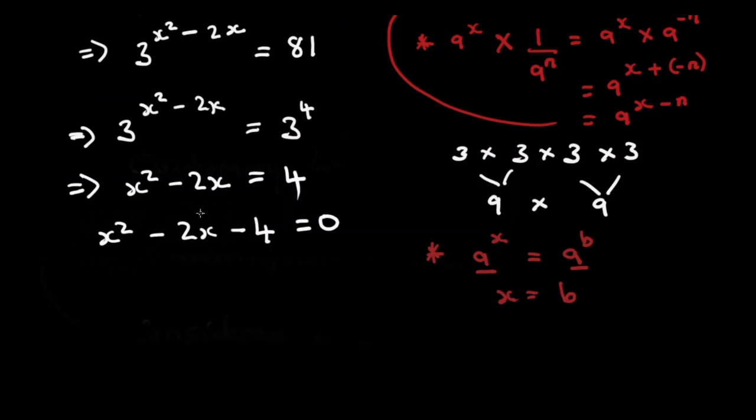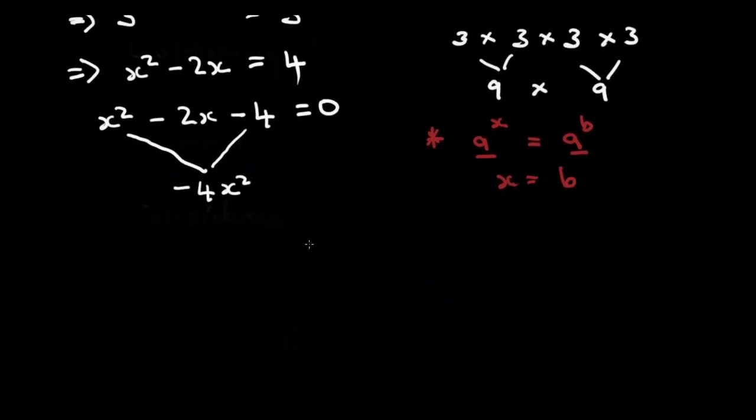Then we write the term with x. Then we write just a number. So this progression is very important. And after checking for that, we see that our quadratic equation is written correctly. We multiply the first term and the last term. x squared times minus 4 is minus 4x squared.